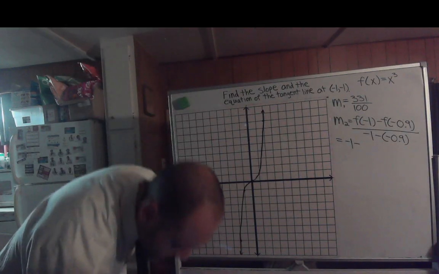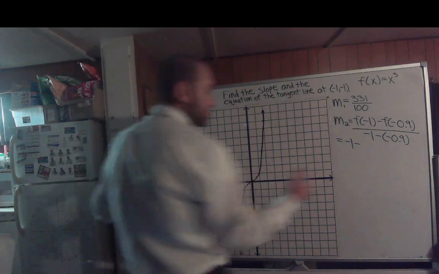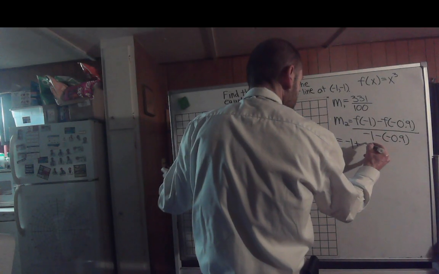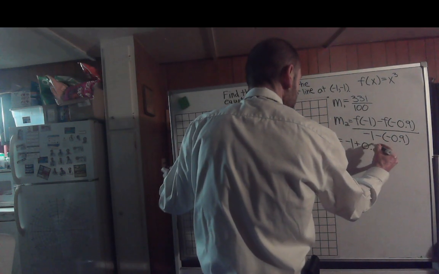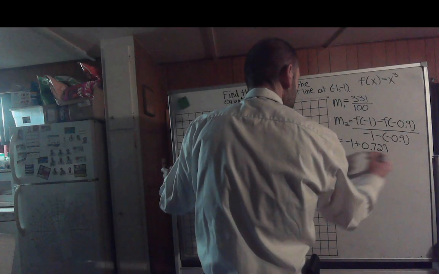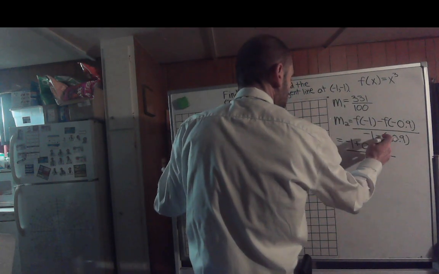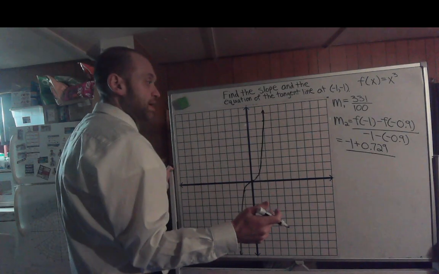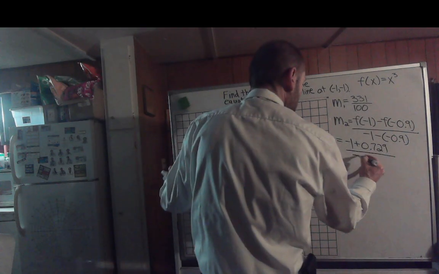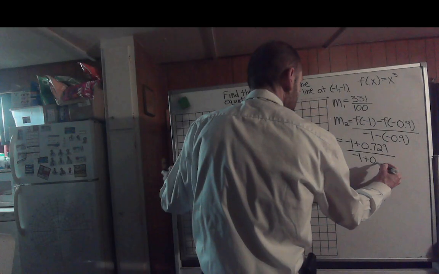You get negative 0.729, so this would turn into plus 0.729 divided by negative 1 minus negative 0.9. That actually turns into negative 1 plus 0.9.